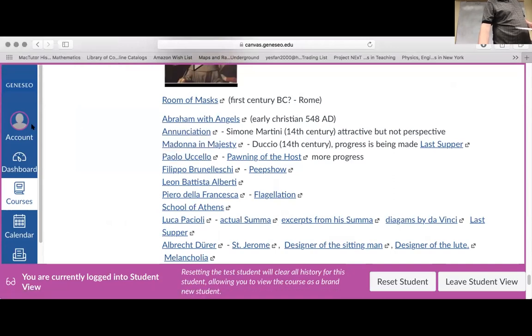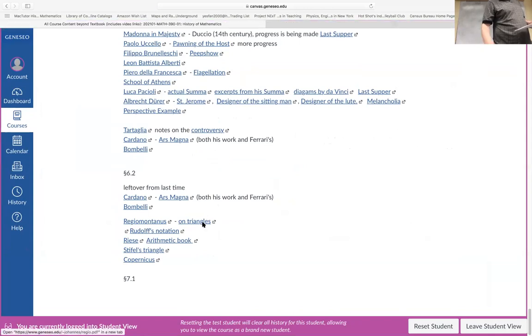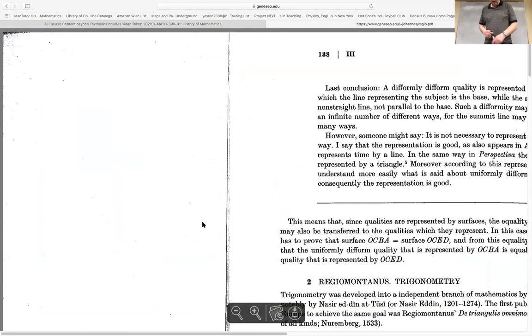Good. So let's look at what he wrote on triangles. I don't know how much I'm going to write things about this. So this is in 1463. This is therefore earlier than what we were just talking about.